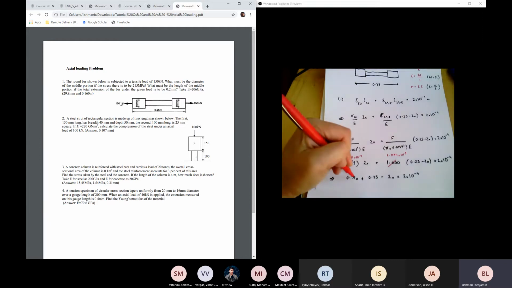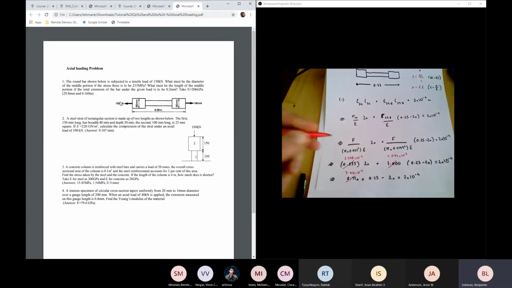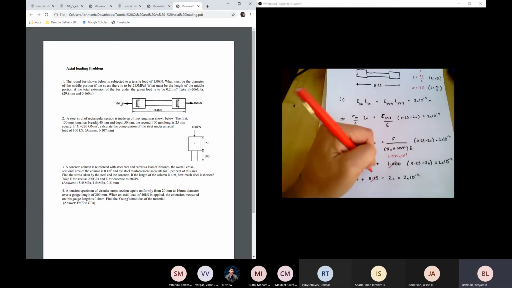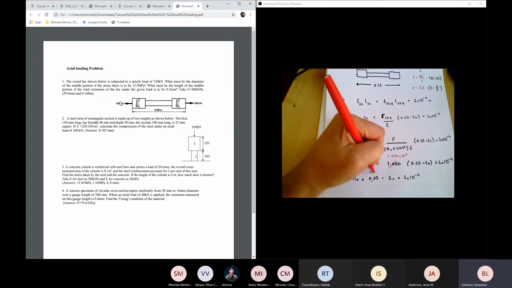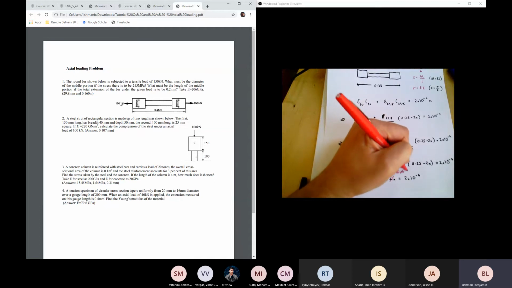So this is 7.416 times 10 to the minus 4. And this is 2.61 times 10 to the minus 4, and this is 2.088 times 10 to the minus 3x.